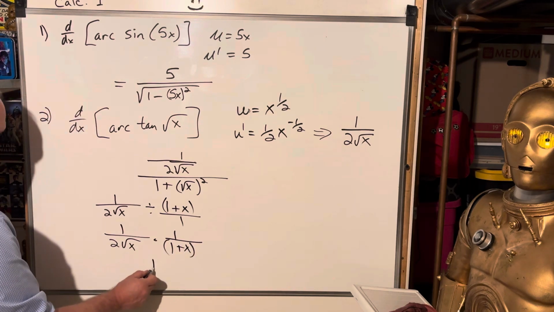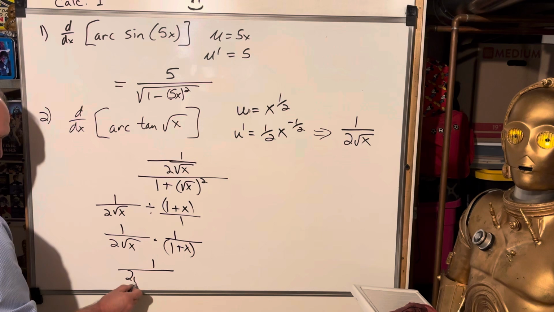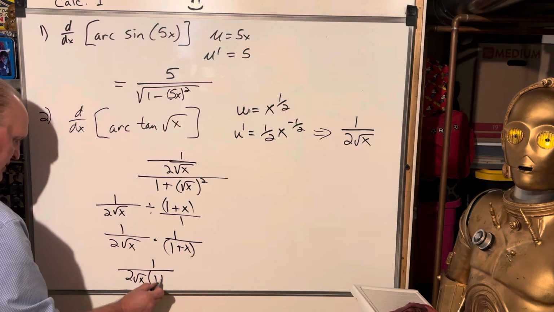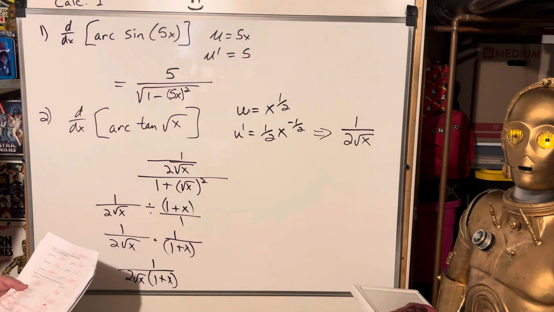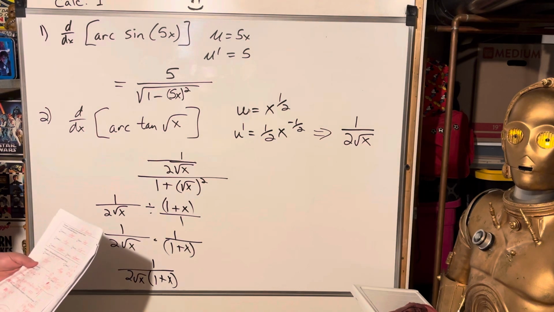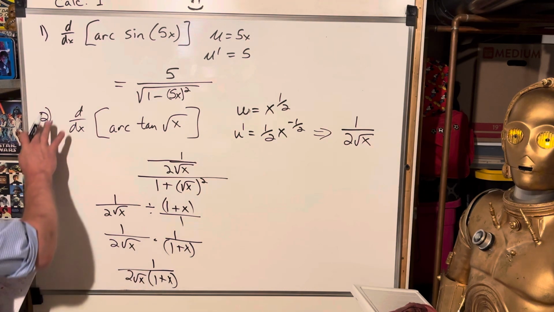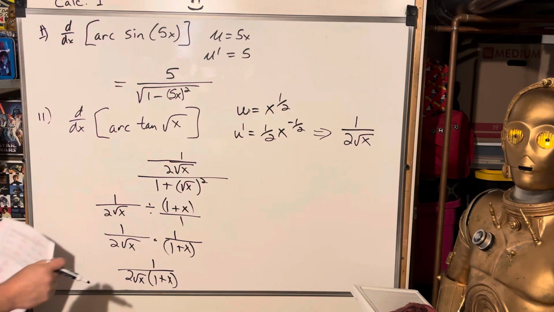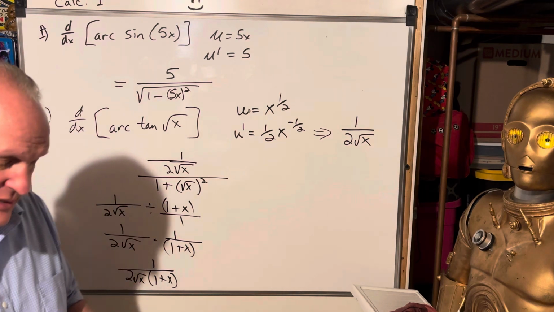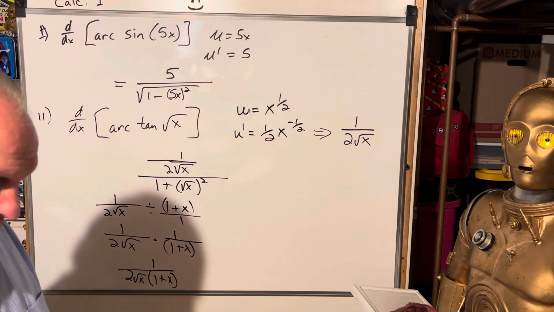And that's where the show stops. 1 over 2 square roots of x times 1 plus x. All right. So that is 1 and 2. It's in Roman numerals, so you know. Let's look at 3 and 4 and 5.